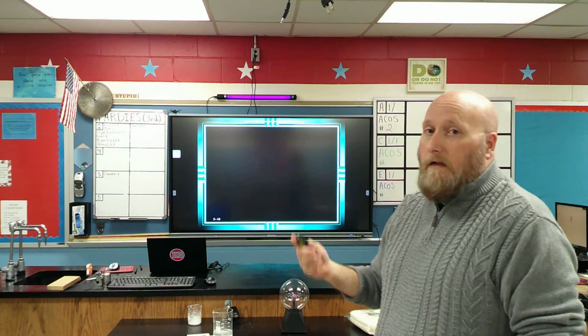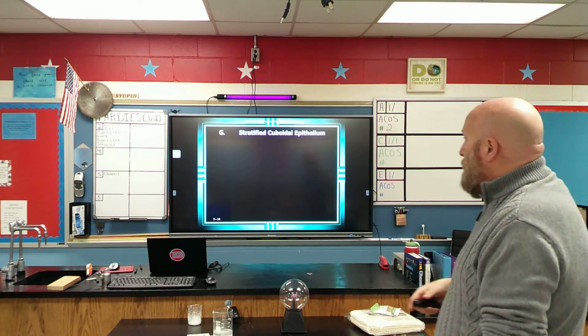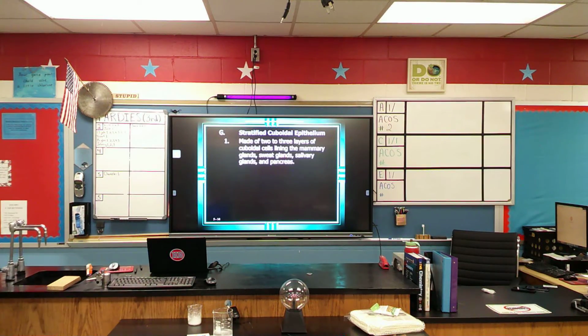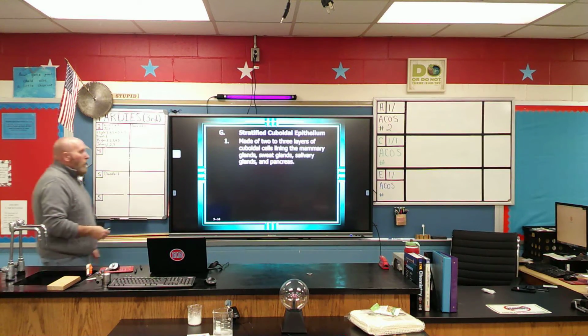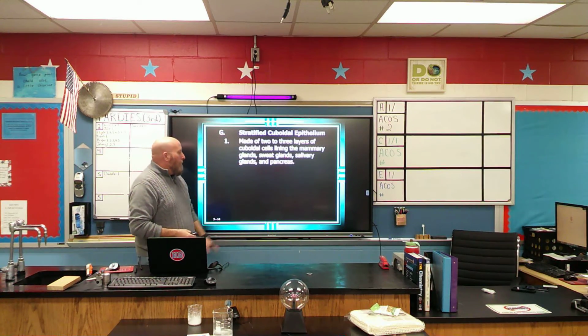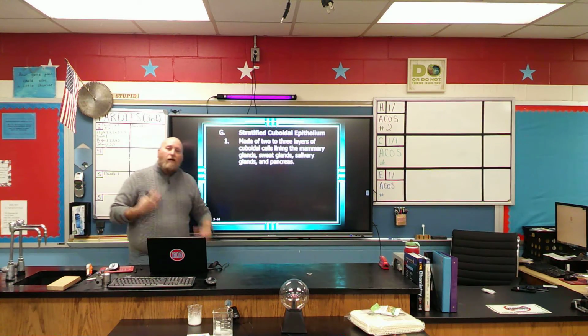Well, here's a statement. If we have stratified squamous, we must also have stratified columnar, right? Excuse me, cuboidal. I got ahead of myself. Stratified cuboidal is 2 to 3 layers usually of cube-shaped cells. They're in places like the mammary glands that make milk, the sweat glands that make sweat, the salivary glands that make saliva, and the pancreas, which makes several chemicals.